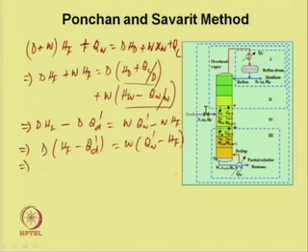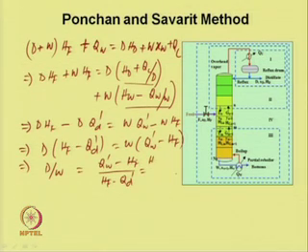So, D by W would be equal to (Q W dash minus H F) divided by (H F minus Q D dash), or is equal to (H F minus Q W dash) divided by (Q D dash minus H F). So, this is equation number 10.22.